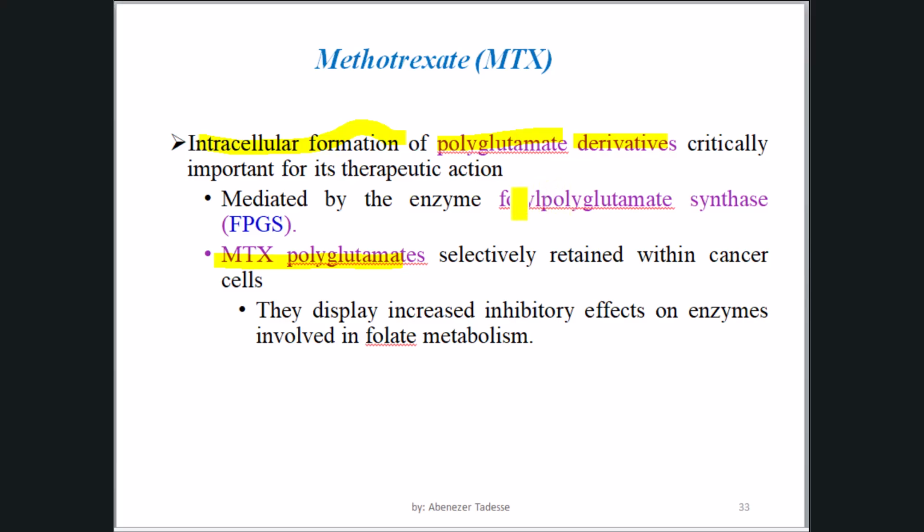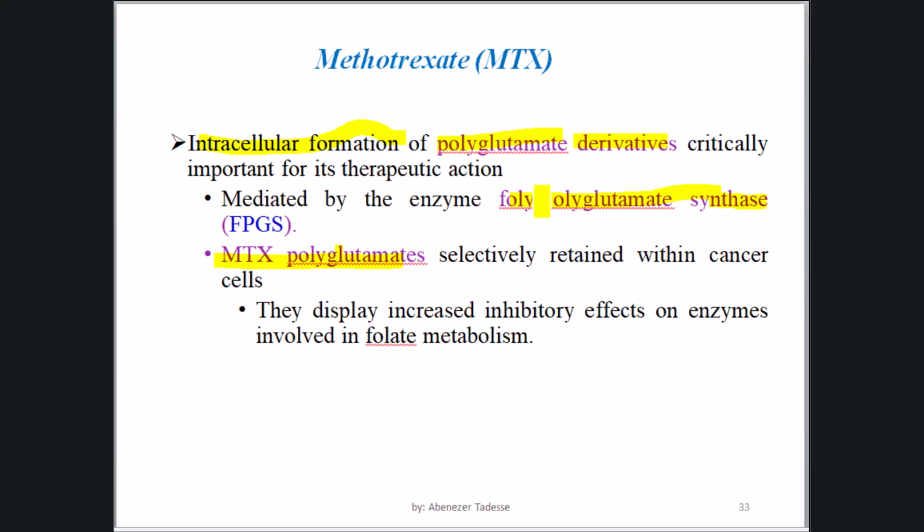This enzyme conjugates methotrexate with glutamate. This polyglutamate synthase enzyme is mostly synthesized within the tumor cells in greater number than in normal cells.